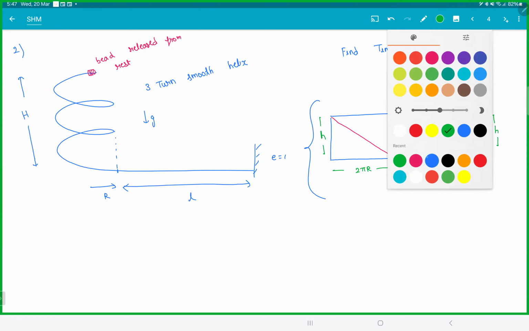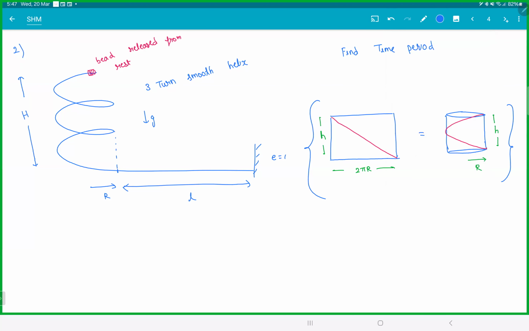So if I ask you this question, I'll give you this as a paragraph. I'll explain what a helix is and I'll ask you questions like this. I can actually ask you more deadly questions on this. Find the normal reaction as a function of height and time and so on.